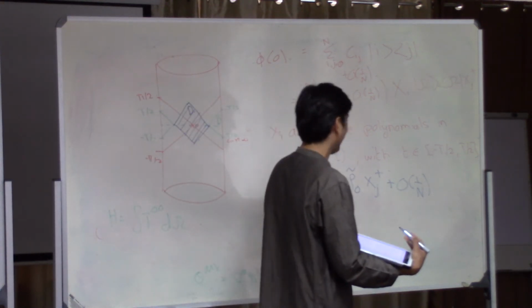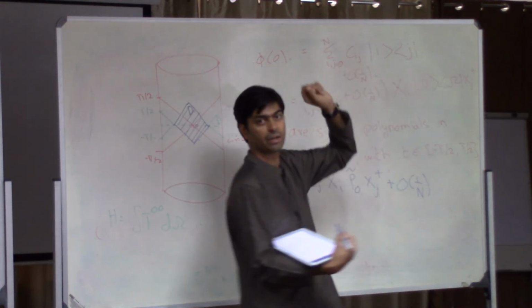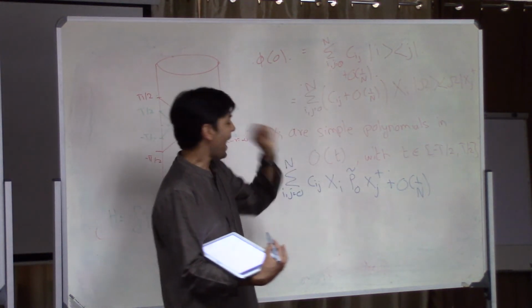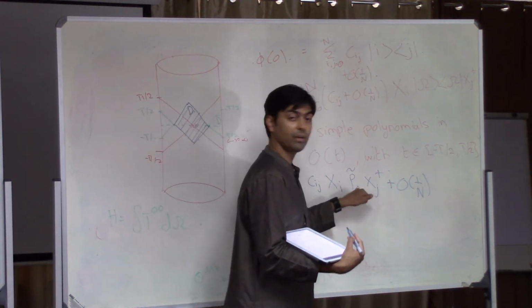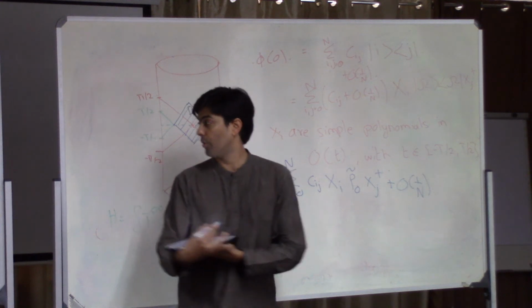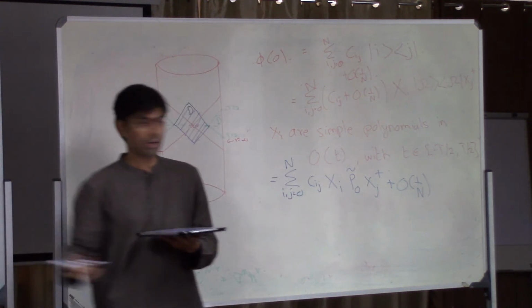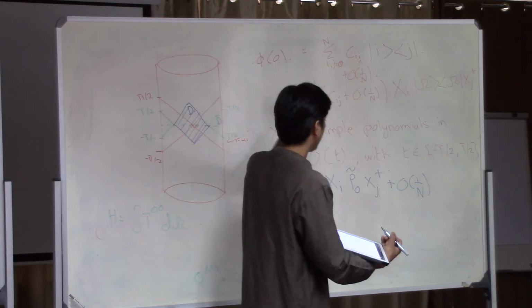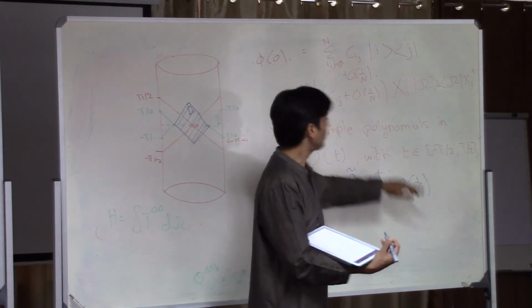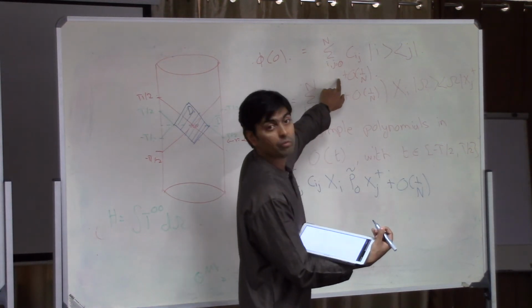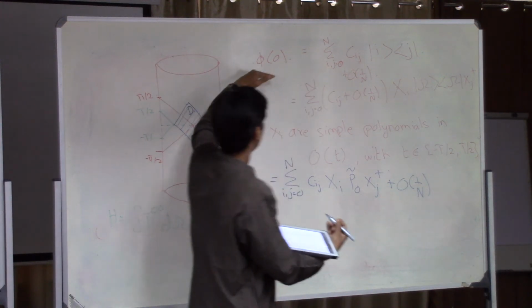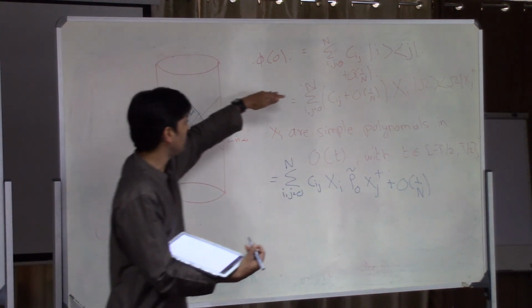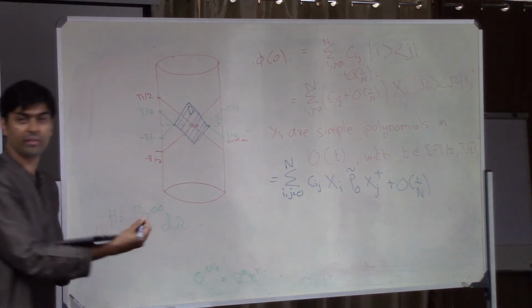Some polynomials xi that are simple polynomials that come from the Riesz-Leiter theorem. And a projector which is a very complicated polynomial, which is what we worked out here. Once again, these polynomials have come from the Riesz-Leiter theorem. And this whole identity holds to order 1 by n, but that's okay because that was the initial approximation we had.